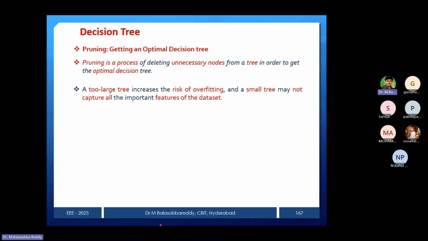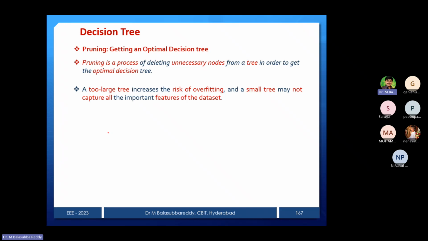If you are using a small tree without considering all the features, then automatically you are going to lose your major information. So that is the problem that arises.